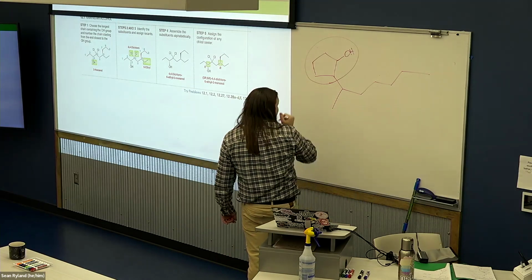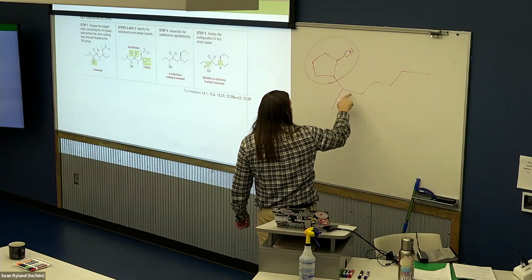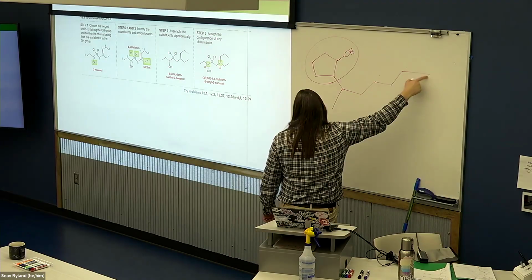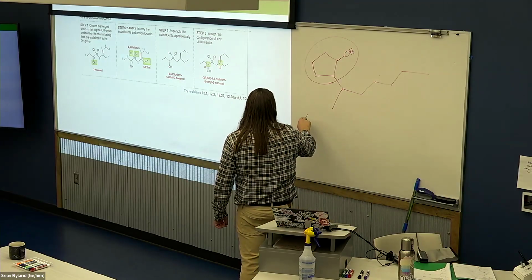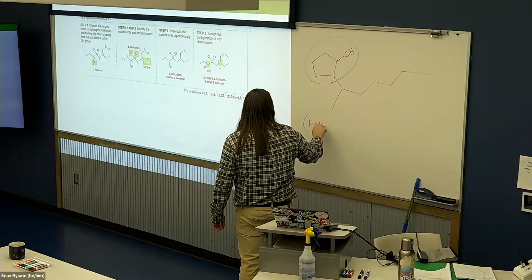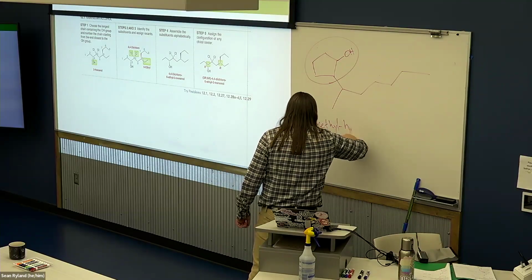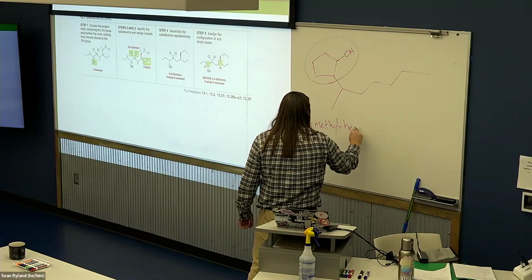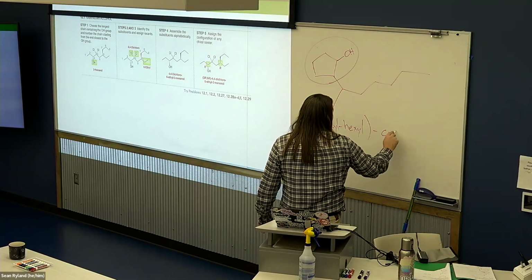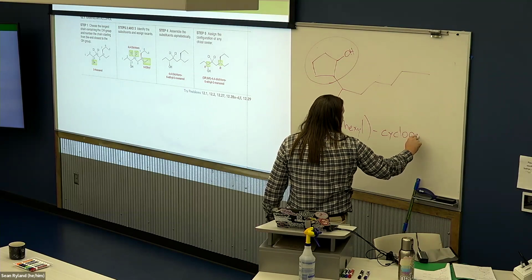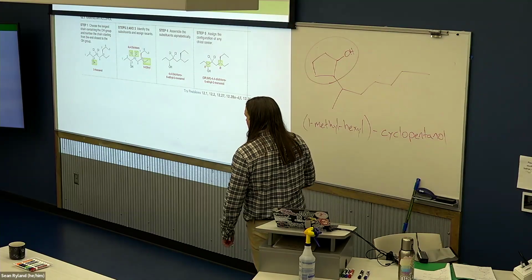Okay. So if we're naming this big long branch, it's 1, 2, 3, 4, 5, 6 with a methyl. So we're going to use parentheses. So it's going to be 1-methylhexyl, cyclopentanol.